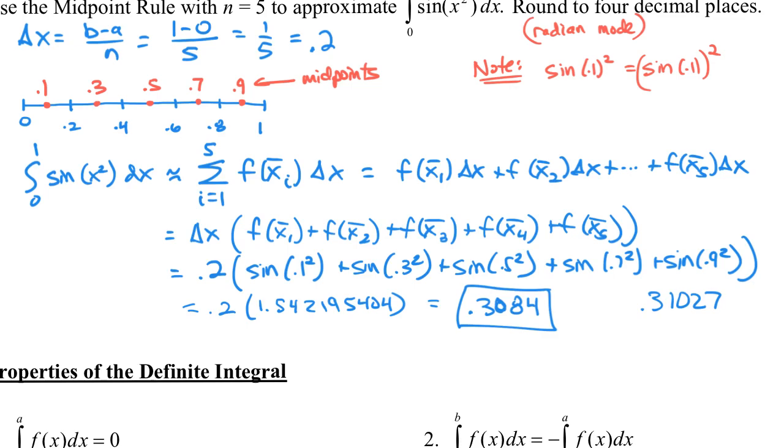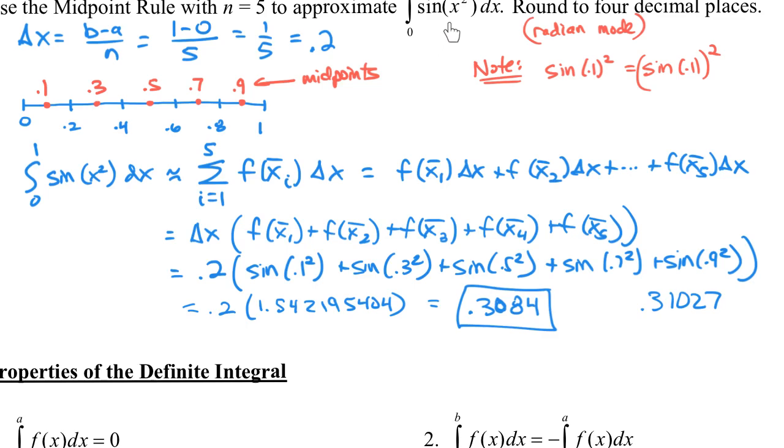If we'd have used more rectangles, we would get closer and closer, and we could really get as close as we want just by using more and more rectangles. So remember that when we're doing this, we're doing this midpoint rule. Notice there's no calculus here, right? We're not integrating anything.